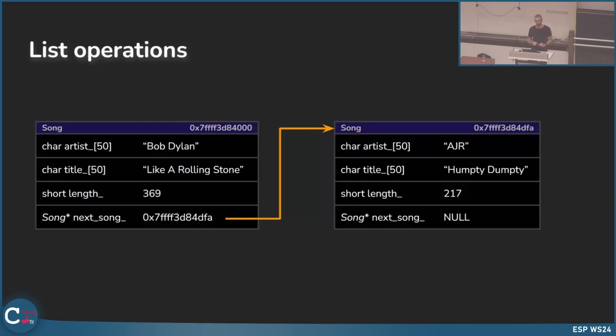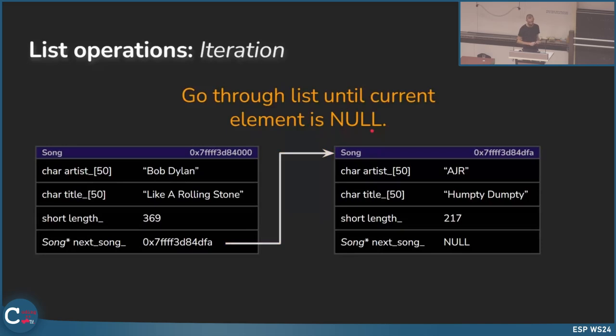Okay, let's go through the most important linked list operations we can do now. Let's say we have these two songs here, and the first one points to the next song. When we want to iterate over it, iteration just means going over all the elements.